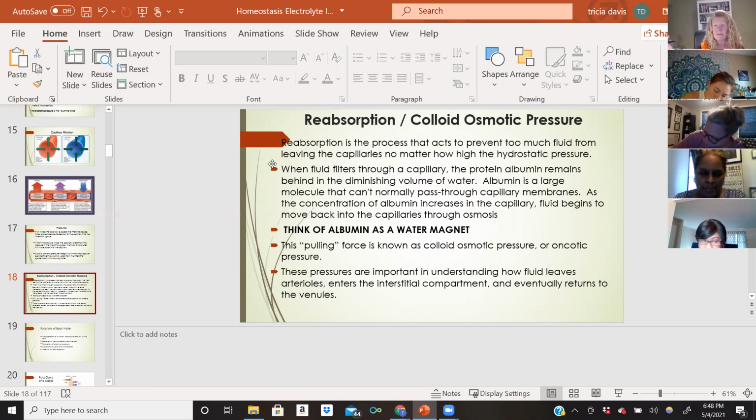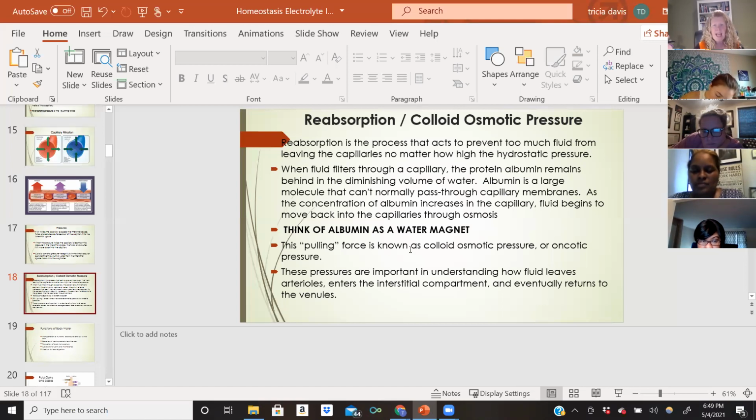We're going to talk more about that, but I wanted you guys to be able to relate that. So albumin, you always want to think of a water magnet. And sometimes in the clinical setting, when we have patients who are really struggling to keep their blood pressure up, we will give them albumin drips. It's very easy, you just spike the bag and hang it. It runs wide open. It's probably one of the easiest things you could give. That way it pulls more water into that vascular area and helps bring up that blood pressure.